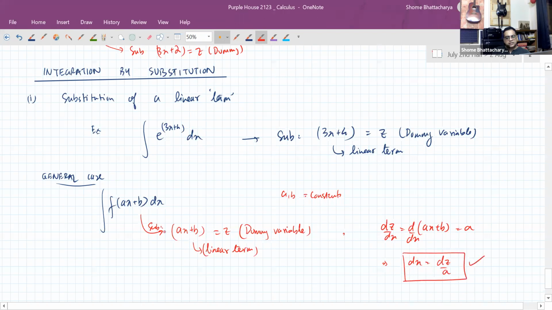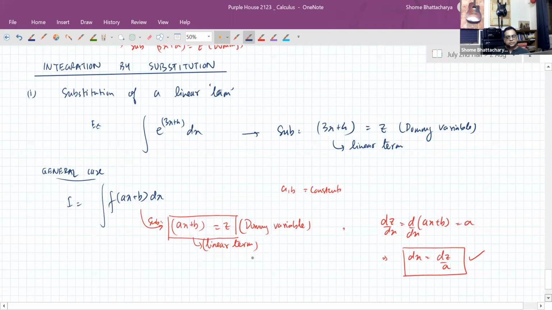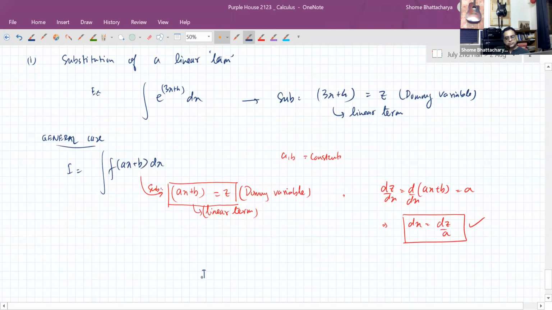So this quantity as well as this quantity will be substituted in the original integral. So in this integration, on substituting these two, ax plus b is substituted as z, and dx is substituted as dz divided by a, a being a constant.